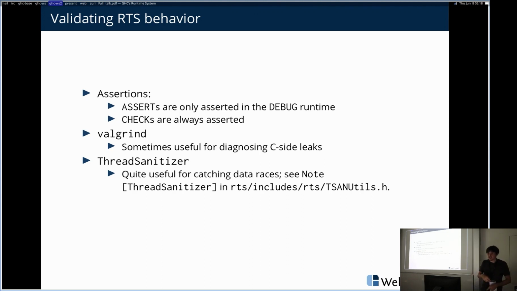Thread sanitizer can be very useful for catching data races and concurrency issues. GHC's runtime system is a rather complex concurrent system, and we have quite a bit of lock-free logic in there, and therefore it is ripe for data races. So thread sanitizer is a very useful tool in that regard, and I'd refer you to that note.